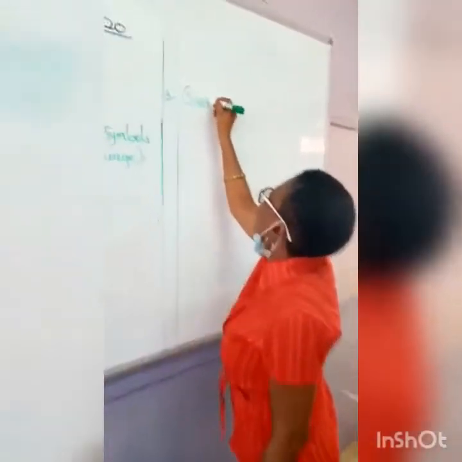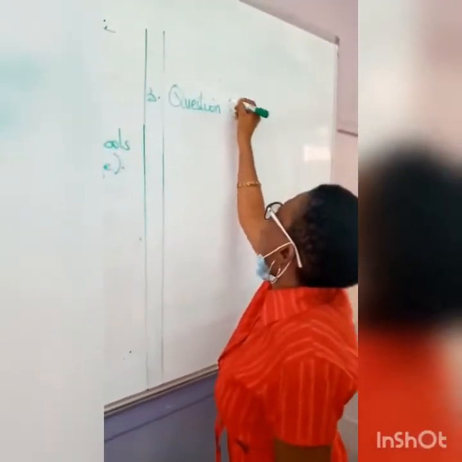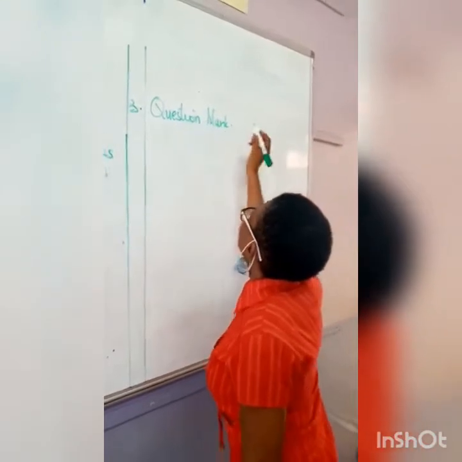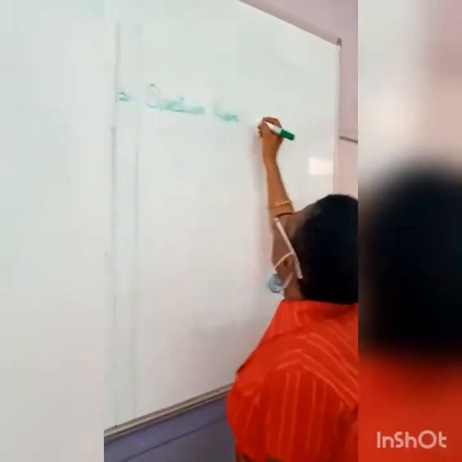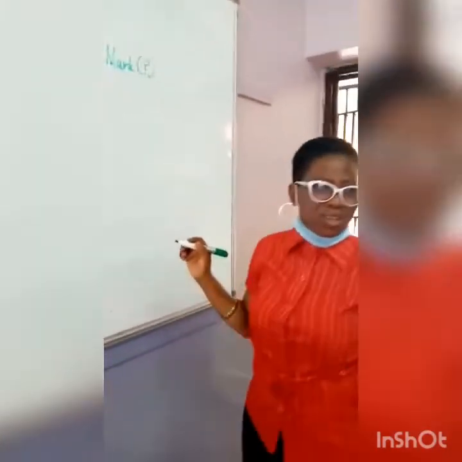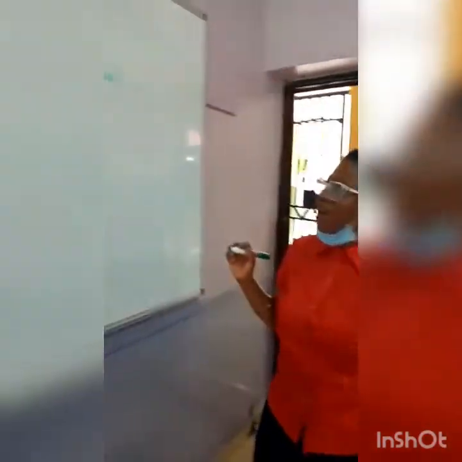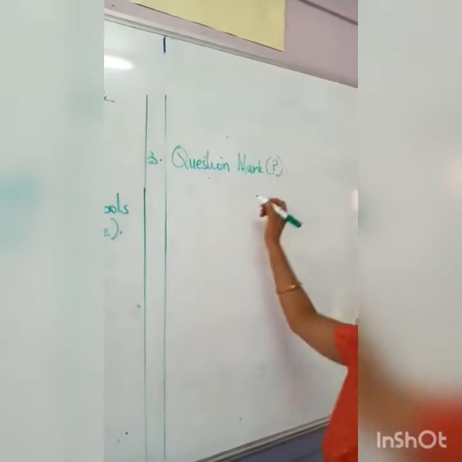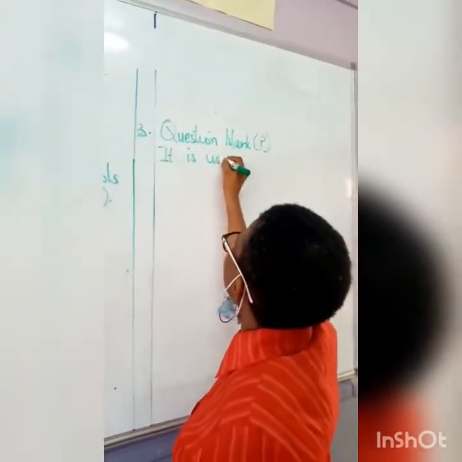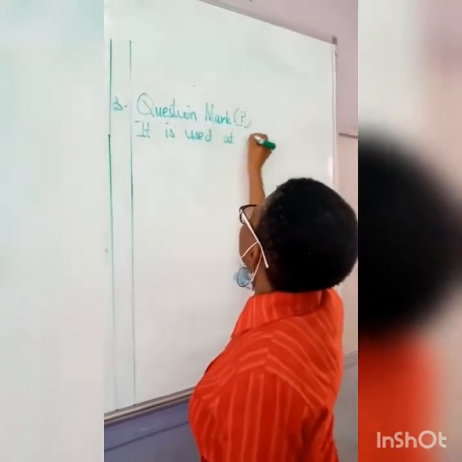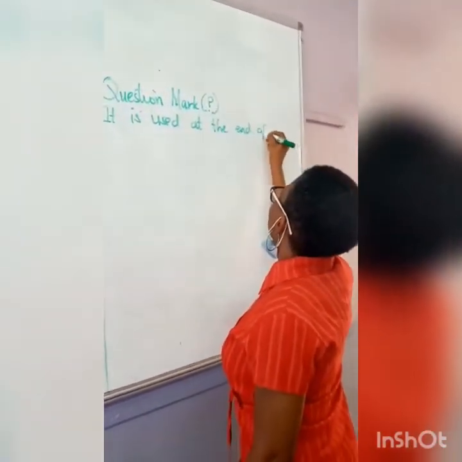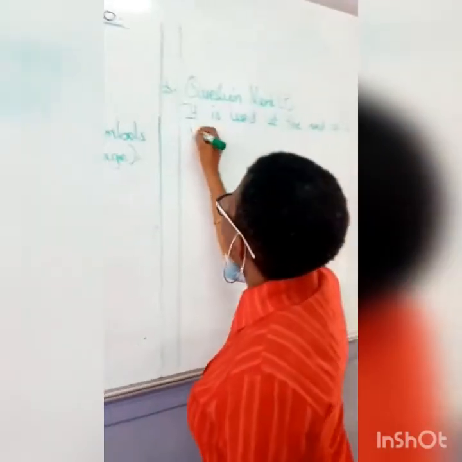And then the third punctuation mark that we shall learn today is question mark. And this is the symbol. Now, how do we use question mark? Question mark is used at the end of a question.